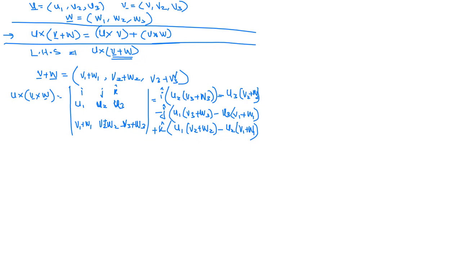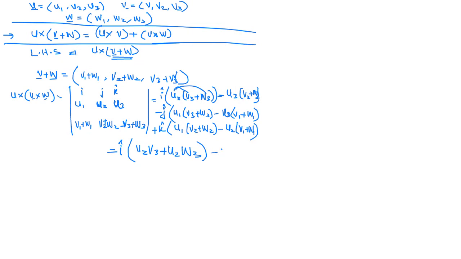Okay, so now you can multiply this one with this one. So the result will be i times u2 v3 plus u2 w3, and minus, which one?